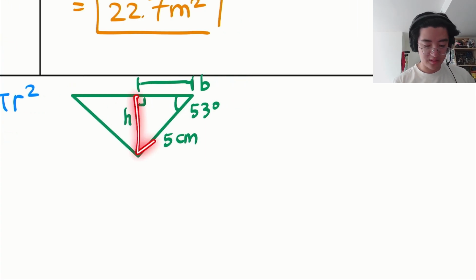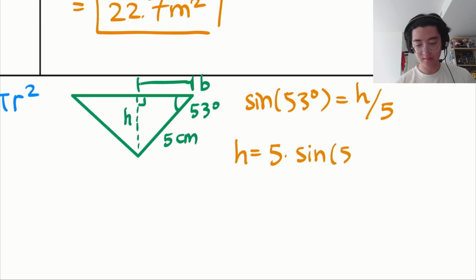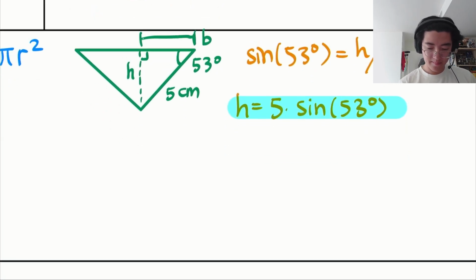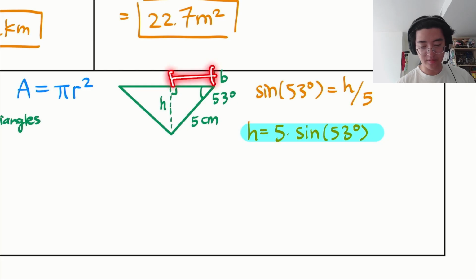Okay, let's find the height first. This is the opposite, that's the adjacent, hypotenuse, so that's sine. Height is 5 times sine 53. First information. Second, let's find the base. The base of the left smaller triangle, we need cosine, because that's the adjacent.